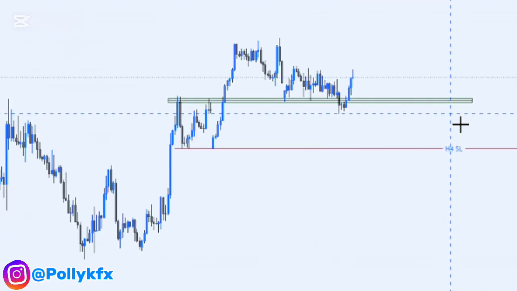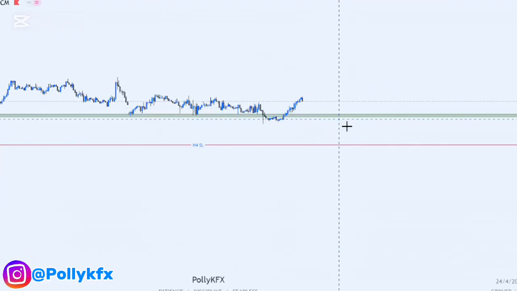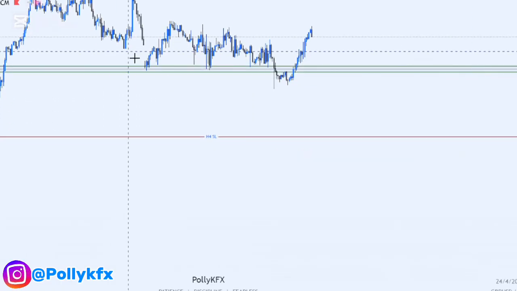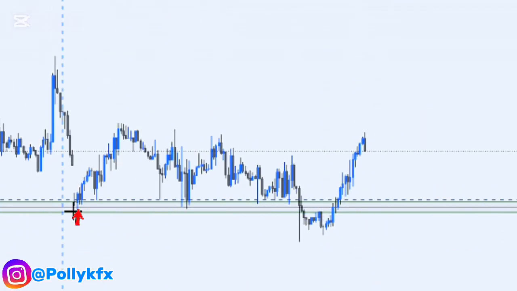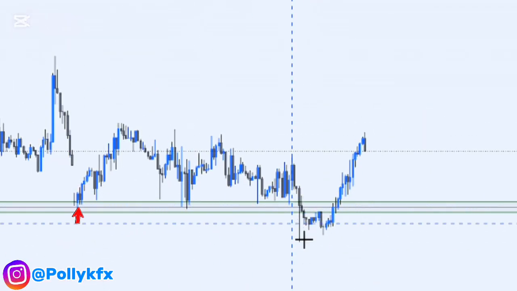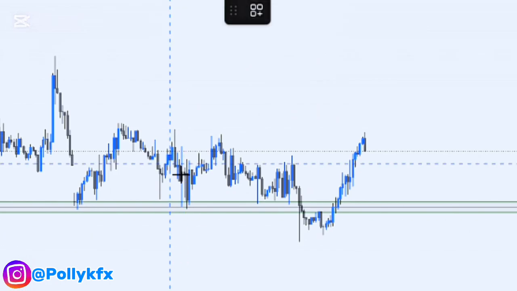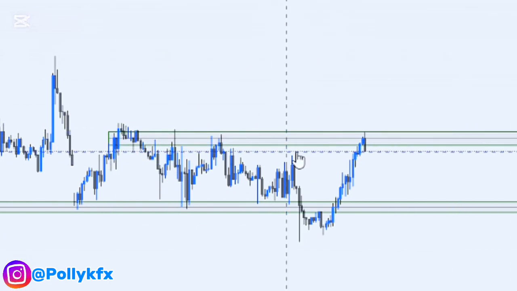I go on the H1, and from the H1 now I want to see a bullish structure. Since I'm seeing price reacting from this key level to the upside, tap here, tap here, tap here, push back, all I want now is the market to close above this level.